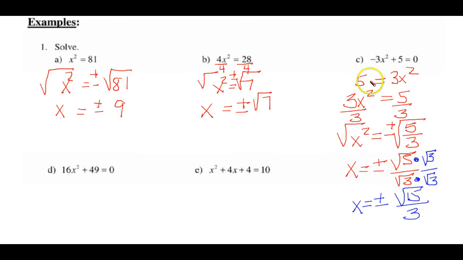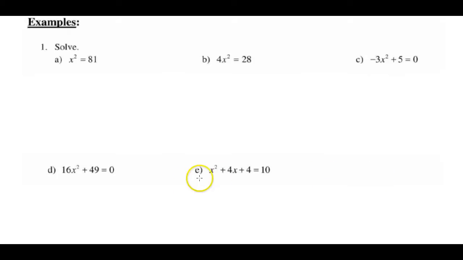And there's the answer to letter C. Now you might say, isn't this the answer also? Well, as I say, we don't like to see a radical in the denominator. So pretty generally, we rationalize the denominator, and that's why I showed you this technique here.